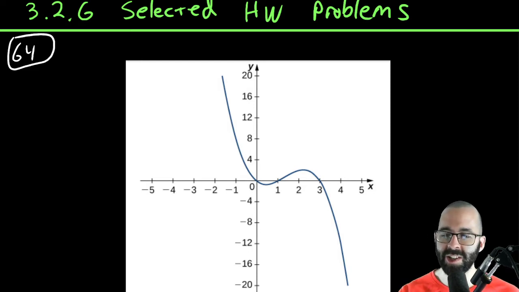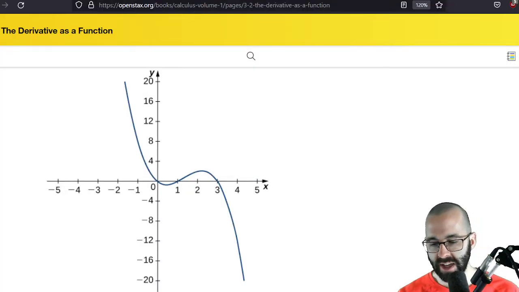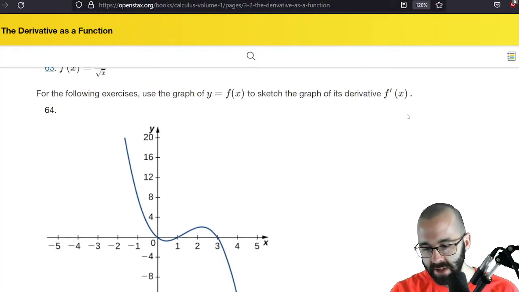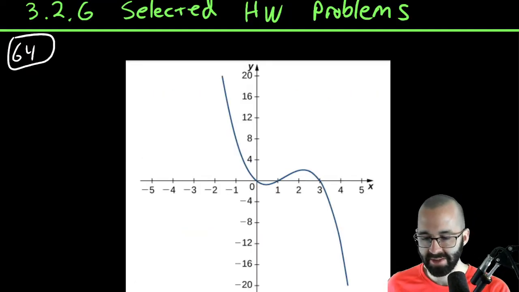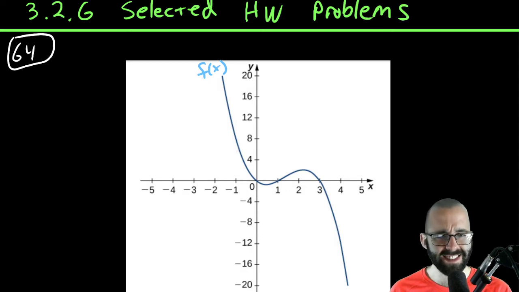We're going to do number 64 in the textbook, which says use a graph of f to sketch a graph of its derivative. These are really good problems. I really like these. So this blue graph up here is the function f of x, and we want to graph the derivative.